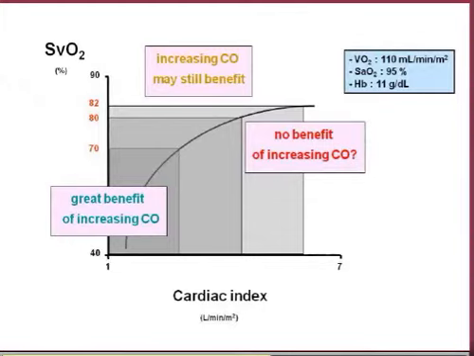For most of the patients, when we go in the very first part of the relationship until 70, we can say that this is beneficial for patients for sure. I mean, we don't have any concern about that. When we go from 70 to 80, it might be beneficial, but we don't know, and it's much more complicated to understand. Now, when we go from 80 to 85 or 90, can we say that there is no benefit of increasing cardiac output? That we don't know.